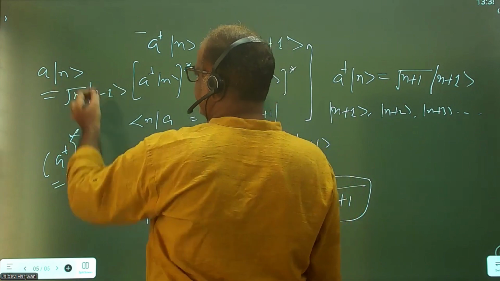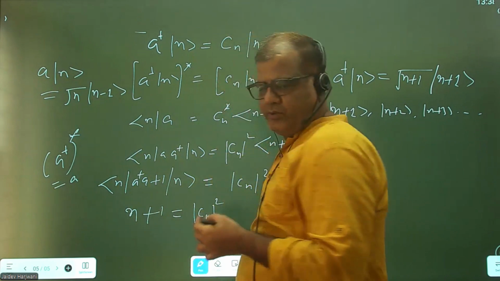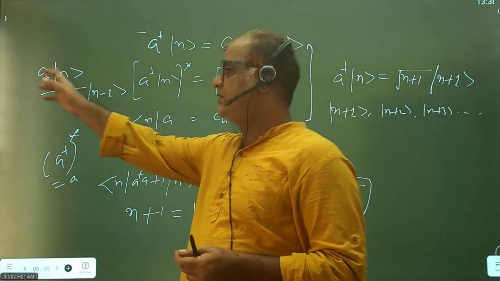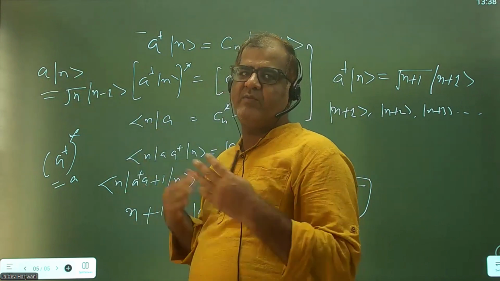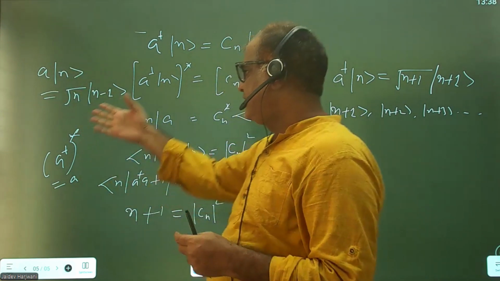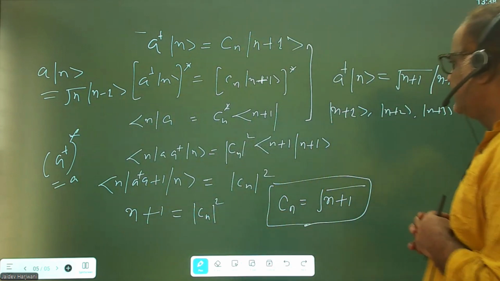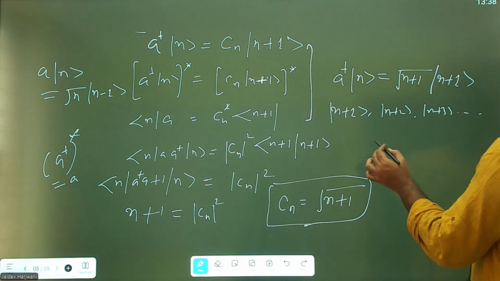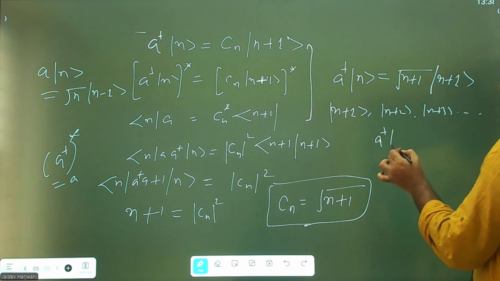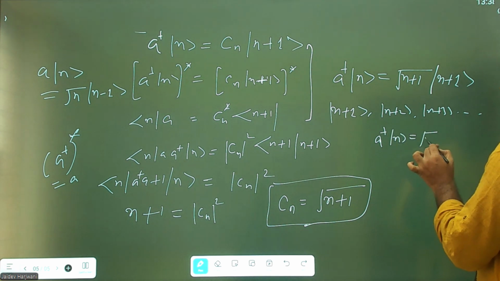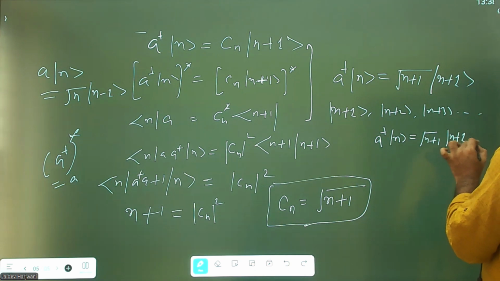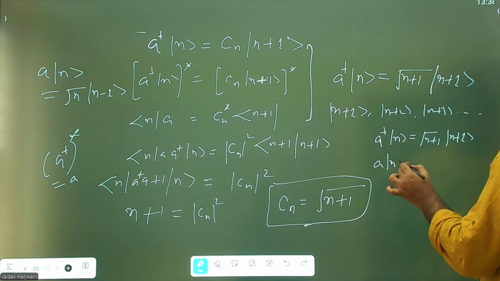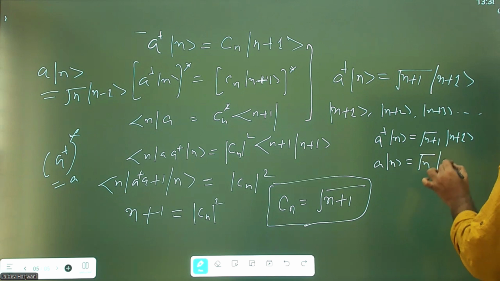It reduces my state to n minus 1. So by repeated operation of a on n, you can create the n minus 1, n minus 2, n minus 3 states. These two are the important results.